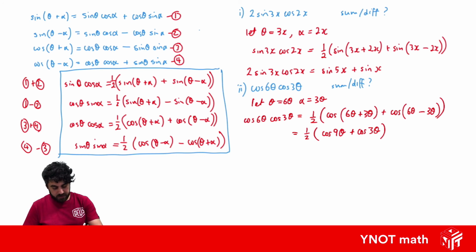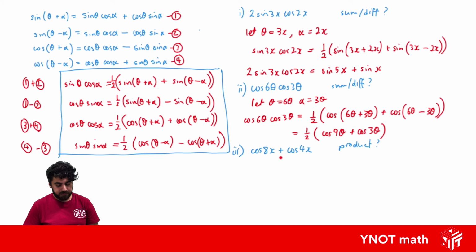Let's look at one more example. Let's look at cos 8x plus cos 4x. This time we want to express it as a product. So you can see we have a sum and we need to express it as a product. Now, this time we have a representation of one of our right-hand sides as a sum or difference.